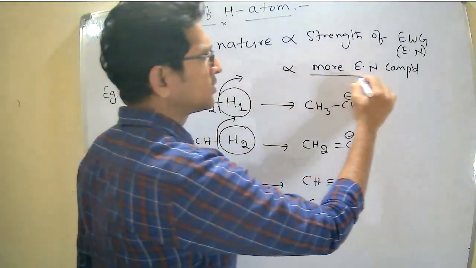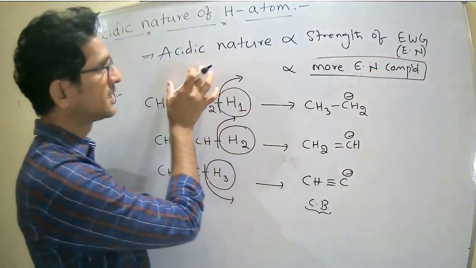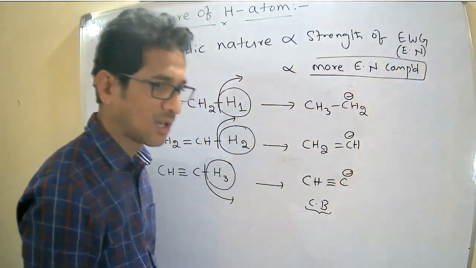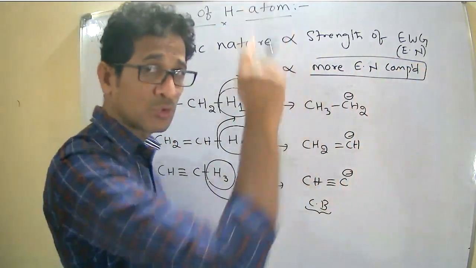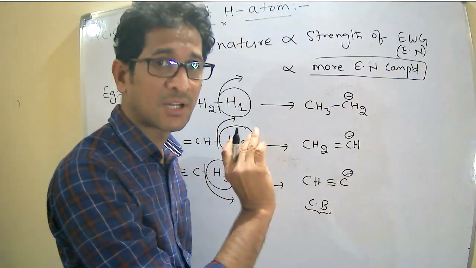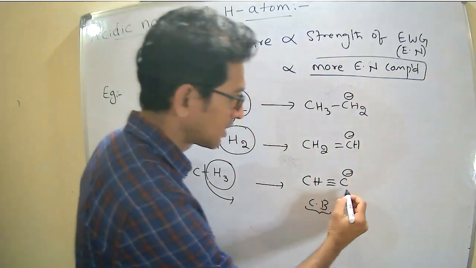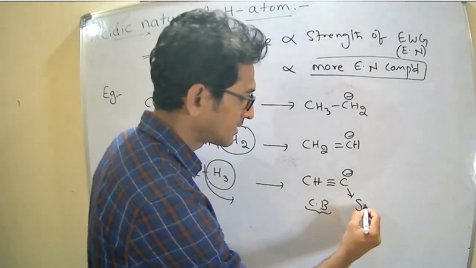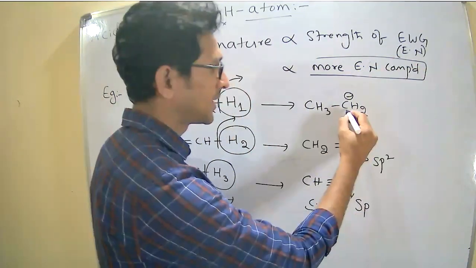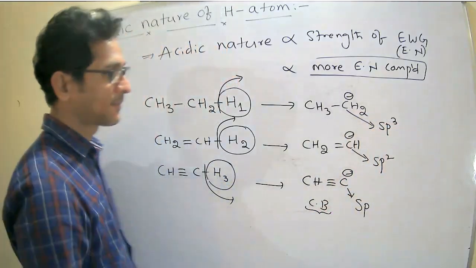So now we will use this relation: acidic nature is directly proportional to more electronegative compound, or stability is directly proportional to the strength of the electron withdrawing group. Now coming to this carbanion, this is sp hybridized, this carbanion is sp2 hybridized, and this is sp3 hybridized.